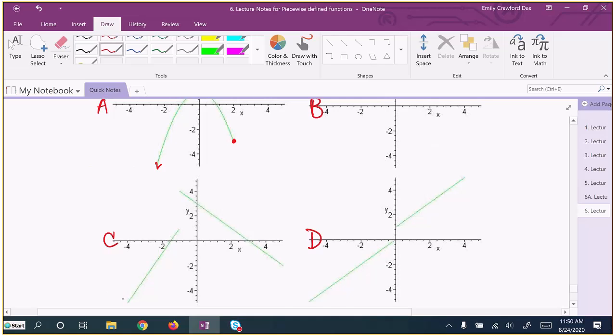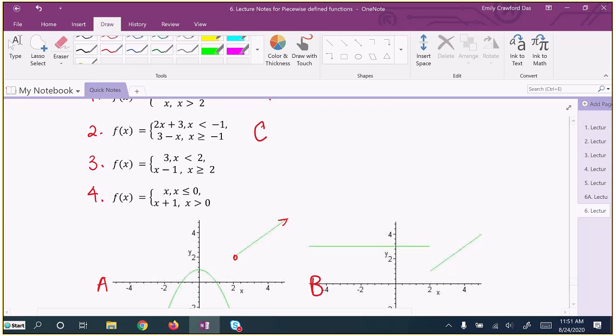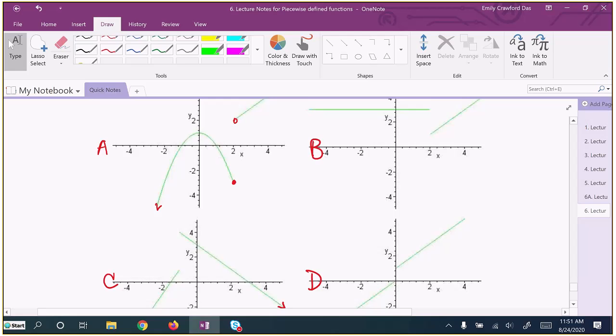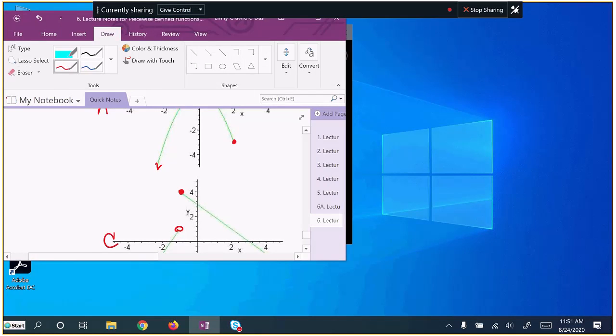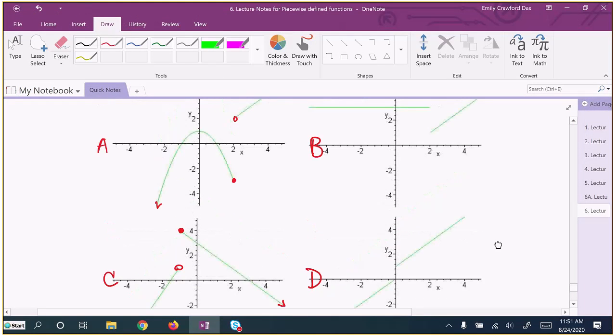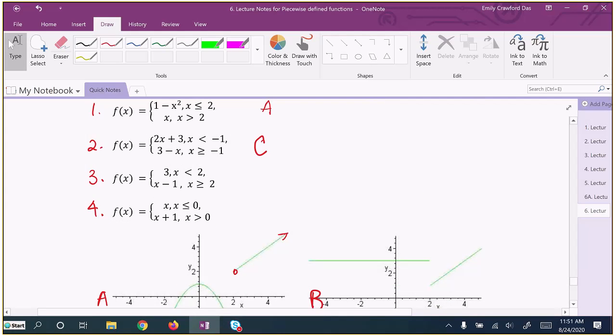It looks like C. So C must correspond to this. And then I also want to know which one gets the closed dot and which one gets the open dot. It looks like the line 3 minus x, that should be this guy, gets the closed dot, and this is the open dot.